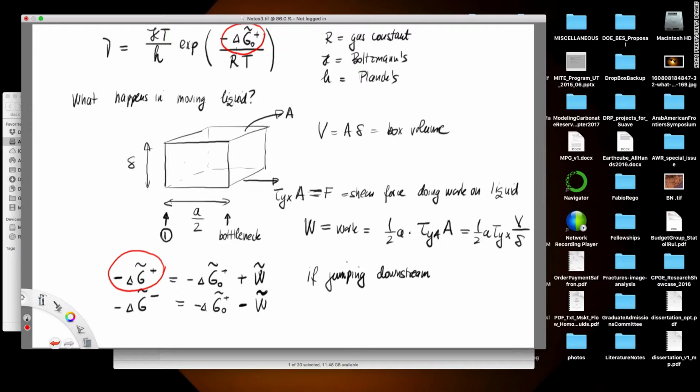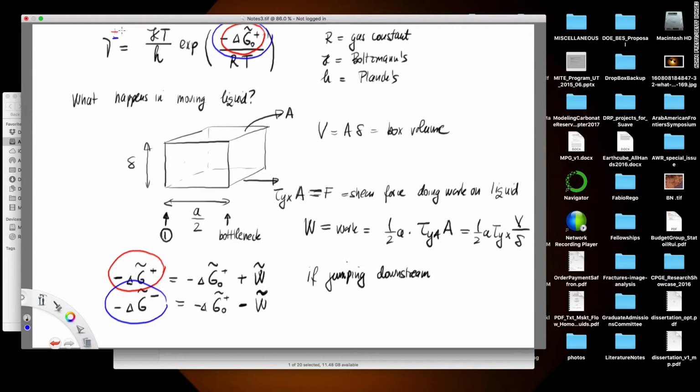And this thing I'm going to replace with this term to get the frequency of upstream jumps, and I'm going to refer to them as Ni plus and Ni minus. So that's going to be plus minus, so to speak.